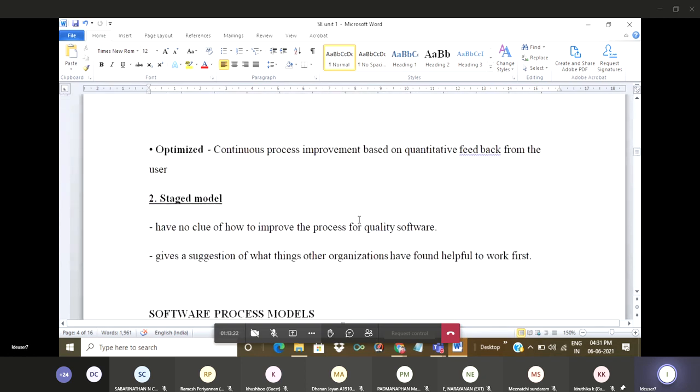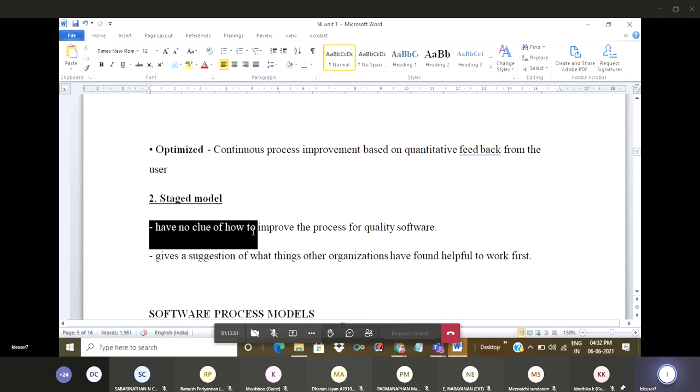Optimized: continuous process improvement based on quantitative feedback from the user. If there is positive feedback, they can proceed further. If there is negative feedback from the customer, they have to rectify the problem and improve their project.